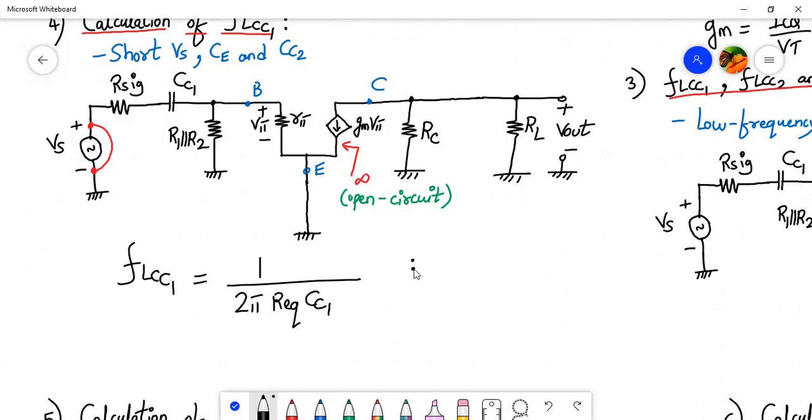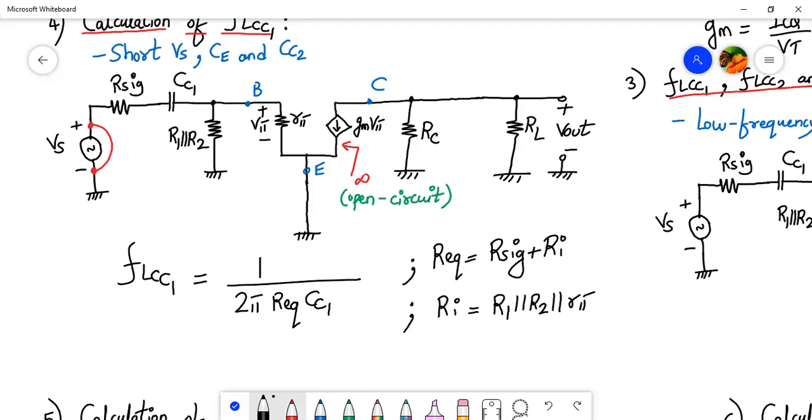And what was the R equivalent value? I'm not revising how we got this R equivalent, as we already discussed that in the last lecture; you all can refer to that lecture. R equivalent was given by R sig plus Ri, where in turn Ri was given by R1 parallel to R2 parallel to R pi.